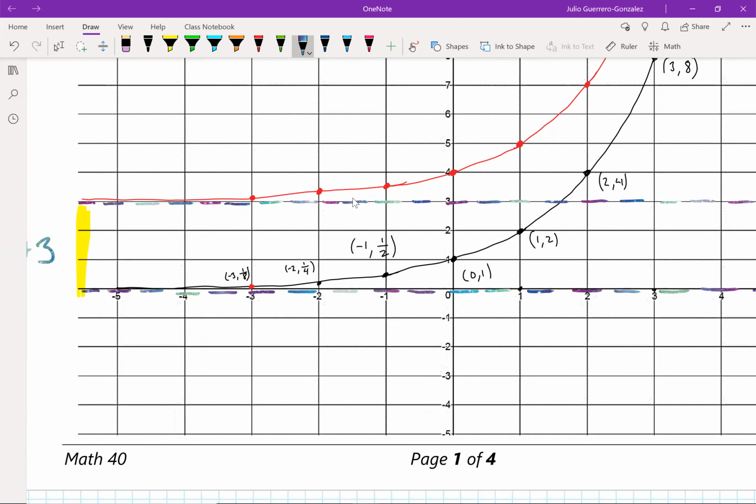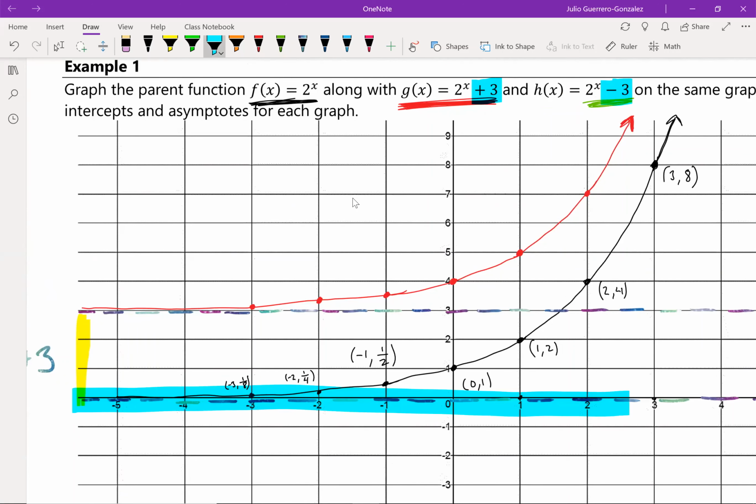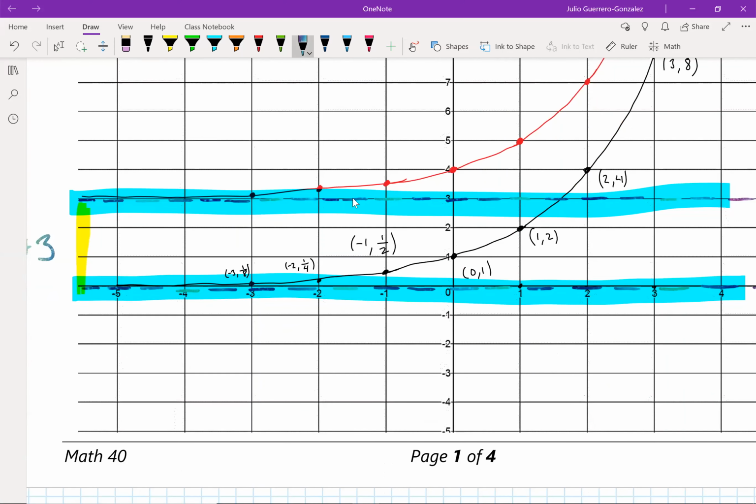We know that whatever this shift is, whether it be +3 or down 3, those two asymptotes have to follow it. So we can automatically say we know where our asymptote's going to be at -3, which would be 3 in between again. Make sense?